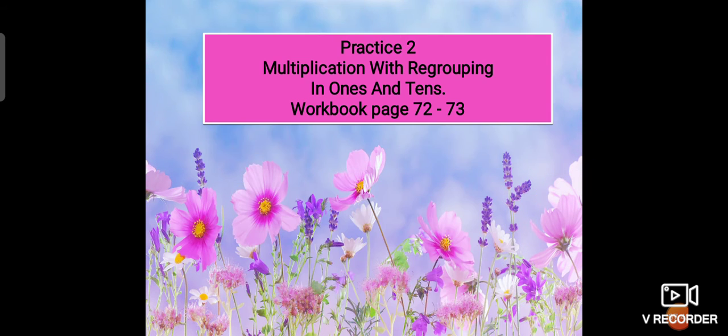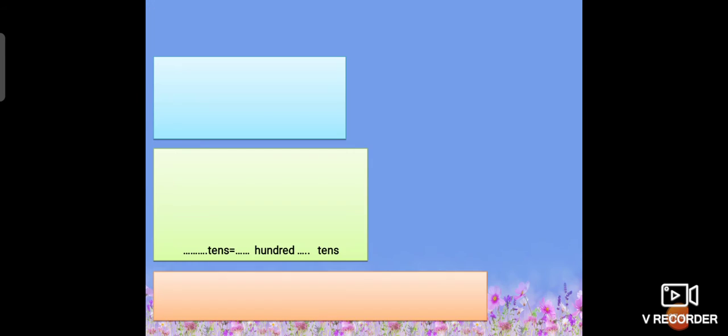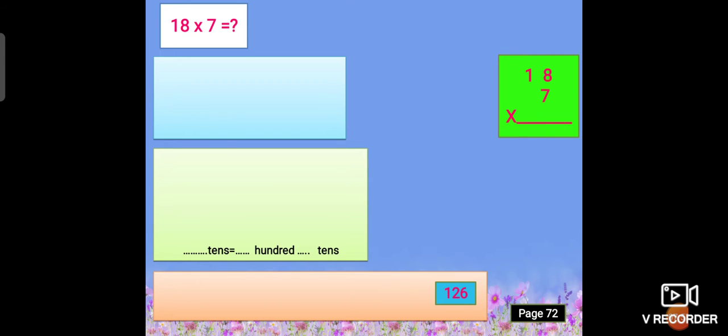Okay, next you can open the multiplication with regrouping in ones and tens. Open the workbook page 72. Okay, 18 times 7. Where did that actually come from? First, multiply the ones by 7. How many ones we have? Yes, it is 8.